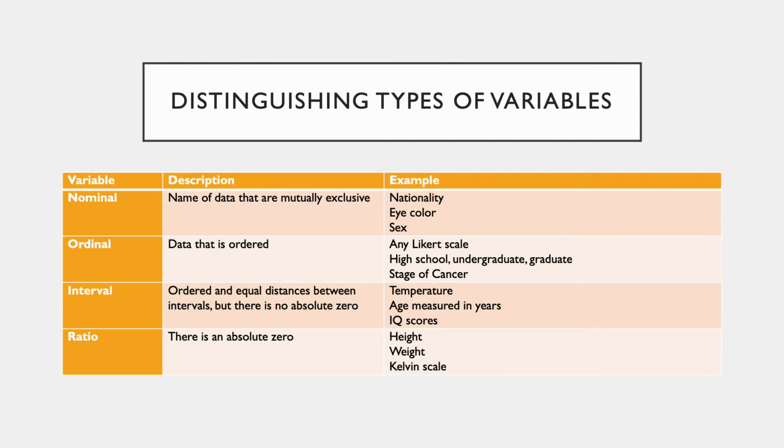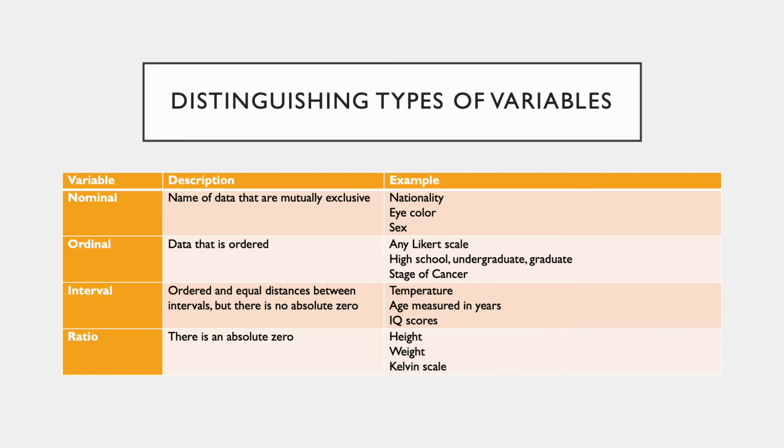So, examples of nominal would be nationality, eye color, and gender. Ordinal would be any Likert scale, high school, undergraduate, graduate, or the stage of cancer. When we see cancer stage, that's an ordinal scale. The data is ordered.